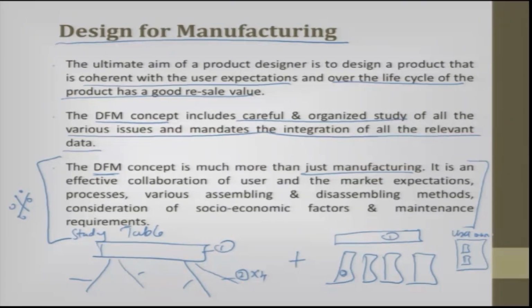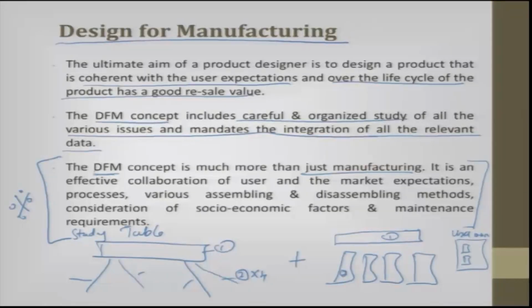Many a times this is also said to be customer delight, or the customer is overthrilled when he assembles and sees a product that he has assembled and which he is using. So, this is also a part of DFM. So, these are some small concepts which are used.